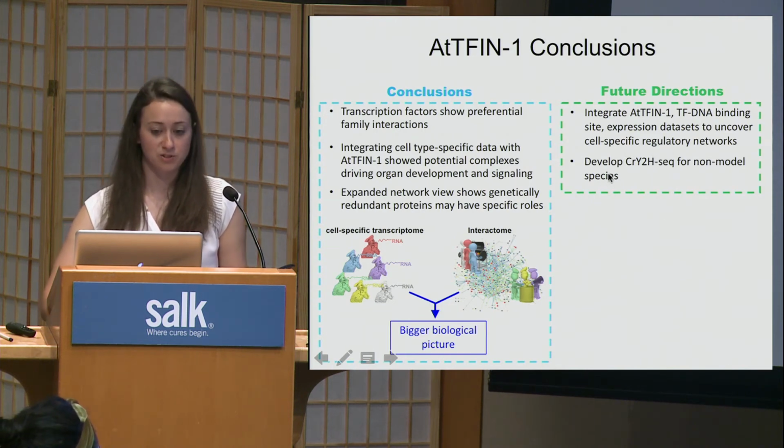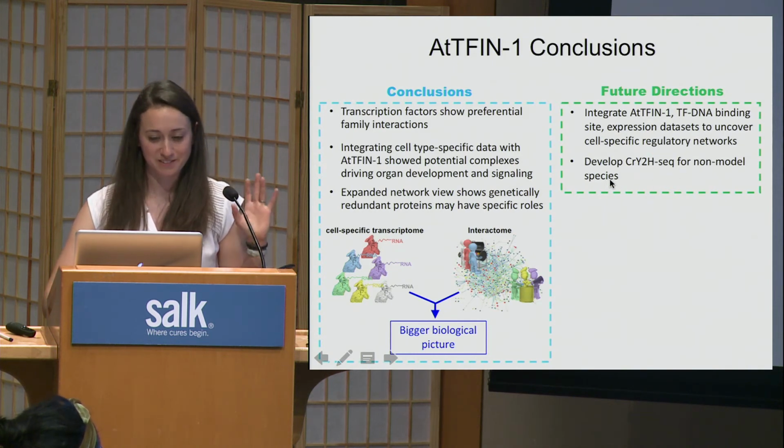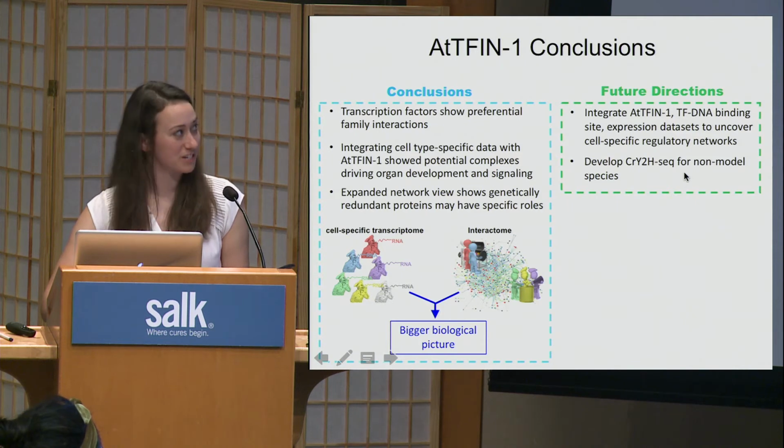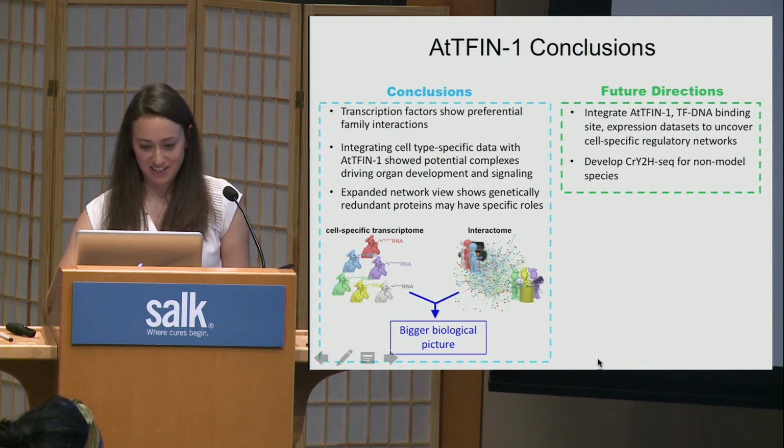And then also developing Cry2HC for non-model organisms would be a really huge optimization in the assay. This would enable protein interactome maps to be generated for different species, and that would be really powerful. Actually, I had started working on that a couple of years ago, and Renee in the ECR lab is continuing that work.